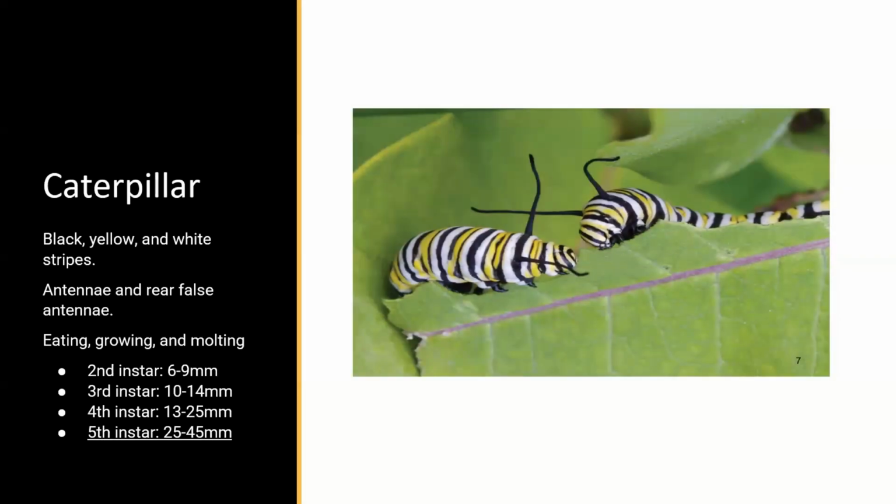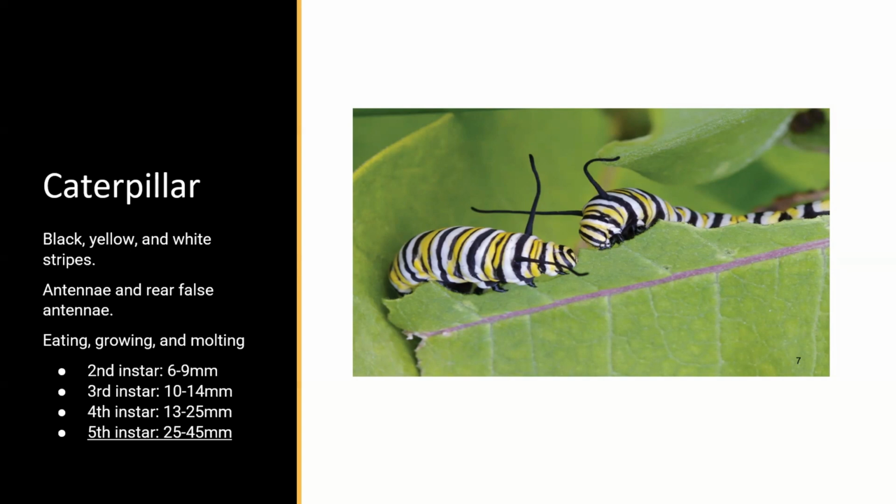As the caterpillar grows and molts into further instars, its color scheme appears. The white, yellow, and black stripe pattern is visually striking. To potential predators, it signals an unpleasant experience as monarch caterpillars accumulate cardenolides, toxic organic compounds, while feeding on milkweed.